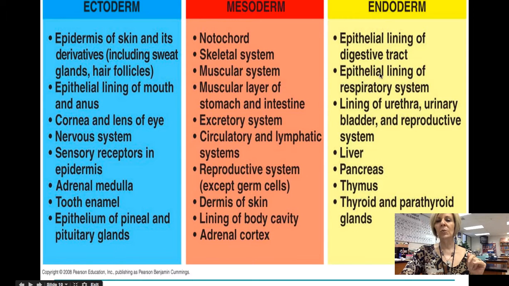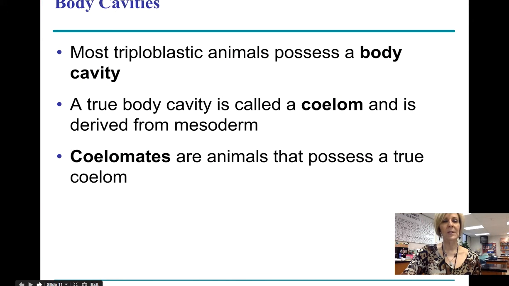Endoderm is going to develop into the digestive tract, the respiratory tract, the lining of certain tissues, and some of our accessory digestive organs. And notice these are the linings of the digestive system and the respiratory system. The mesoderm is going to become our bones and our muscles and the excretory, circulatory, and reproductive systems. So that's kind of the outcome of where these germ tissues are going to develop into.